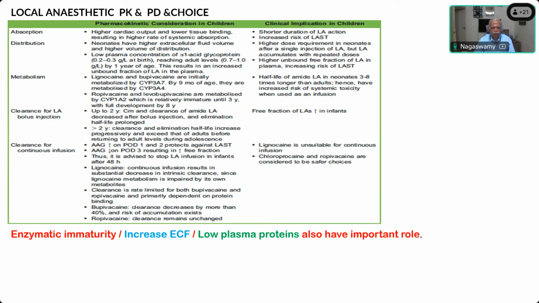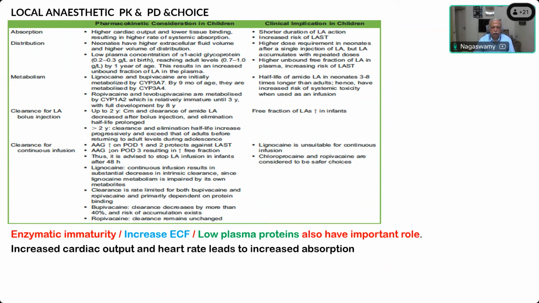So enzymes are not well developed, and because of the increase in ECF and low plasma proteins, they also cause a more free fraction of the drug to be available. That is why you have to be very, very watchful with the dosage that you give. And increased cardiac output and heart rate lead to increased absorption of the drug from the site where you inject.